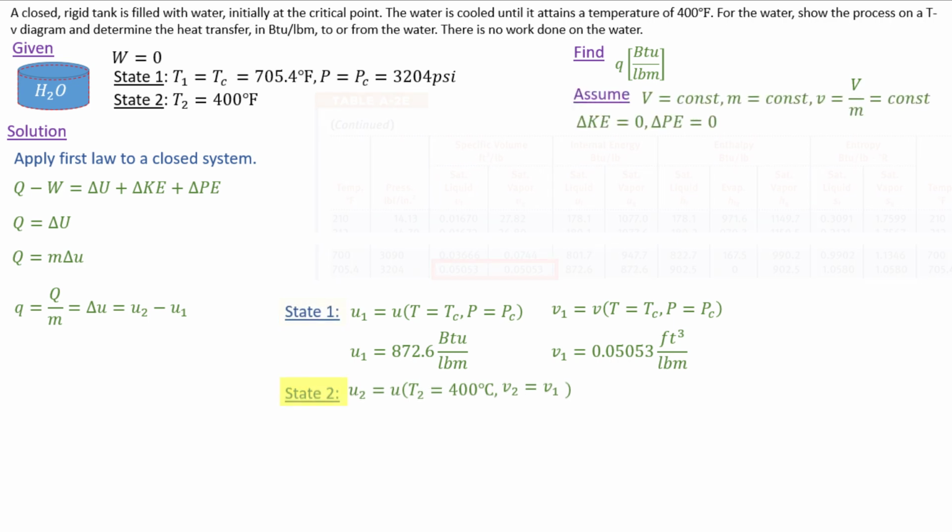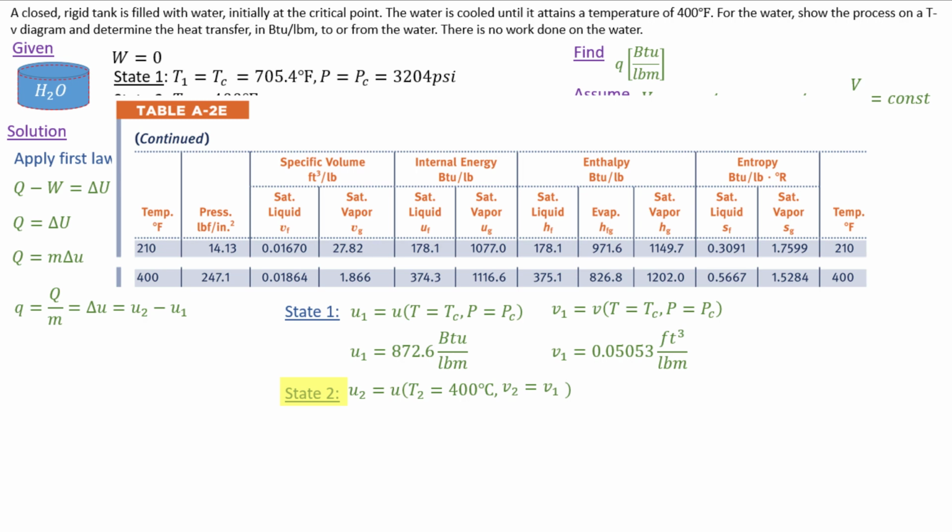And then going back to state 2, I need to figure out what state I'm in. Am I saturated? Am I compressed? Am I superheated? Probably not superheated because it tells me that I'm cooling things. So if I start off at the top of the dome, I'm probably going to go down, right? Go down in temperature and go into that two-phase region, or maybe the compressed region.